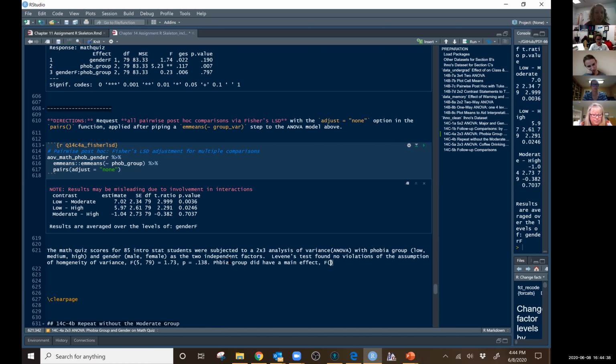How do you do degrees of freedom here? Oh, it's up here, phobia group, there we go. 2 and 79. Be careful, it's easy to get the MSE instead of the F statistic. The p-value and the eta squared value.